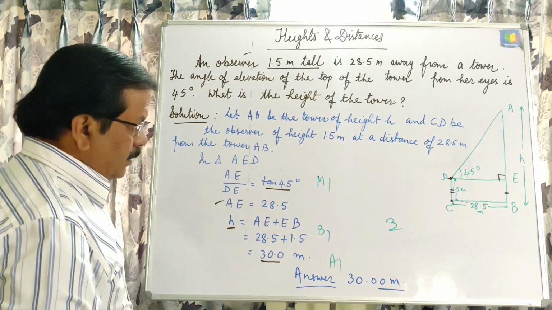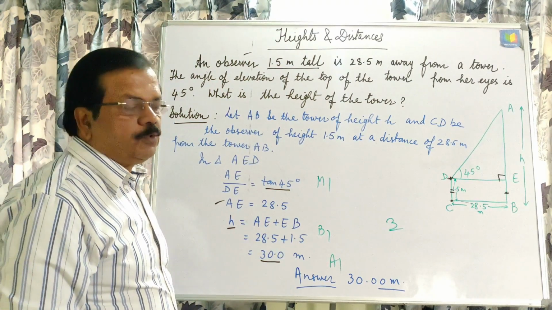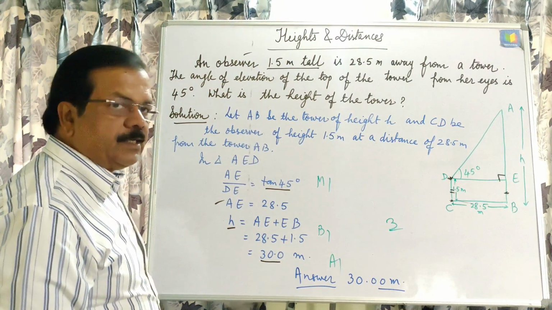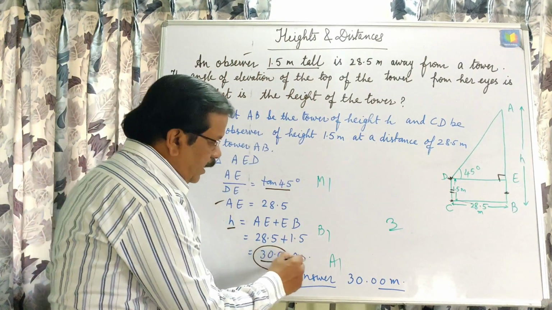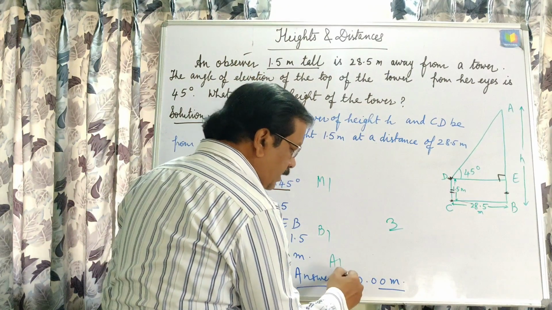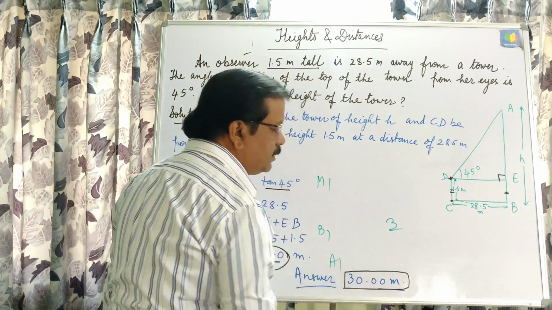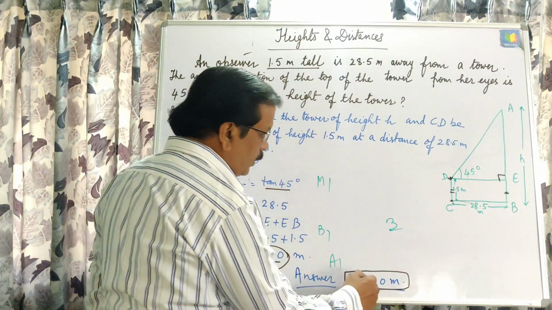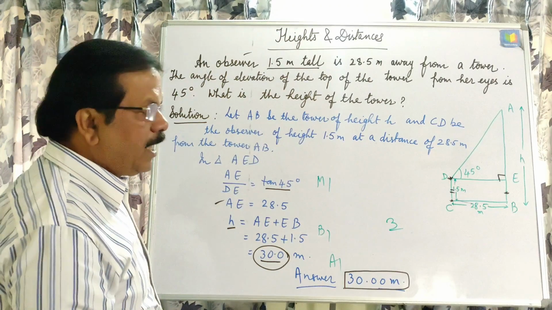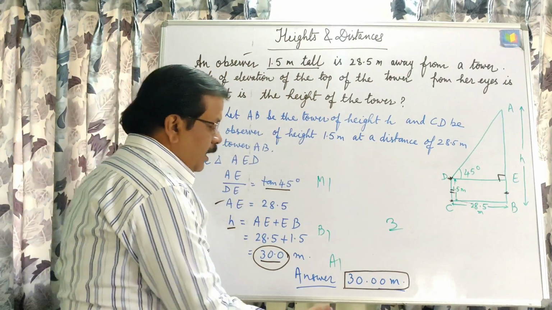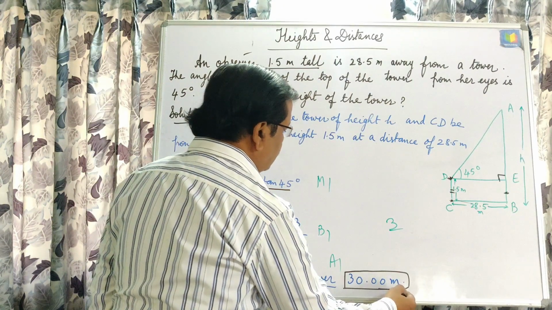This time we are accepting marks up to 2 places of decimal, so you should make the habit of writing the answer in this form. Doesn't matter, your answer is 30 meter, but you should write 30.00. Though this 00 is meaningless here, we accept the answer up to 2 places, and this is the answer.